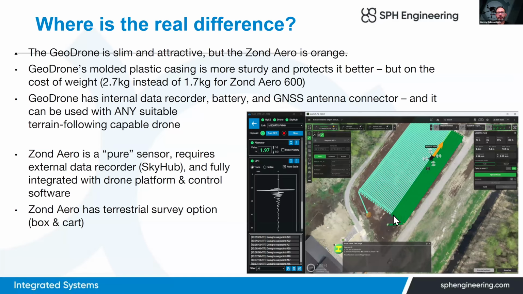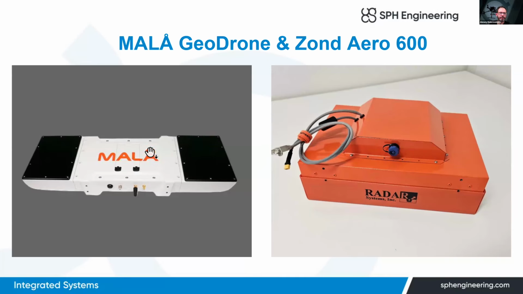So here are two bigger images of both GPRs. For MALÅ, here is a small compartment for the battery. You can use MALÅ GeoDrone with an external power source.